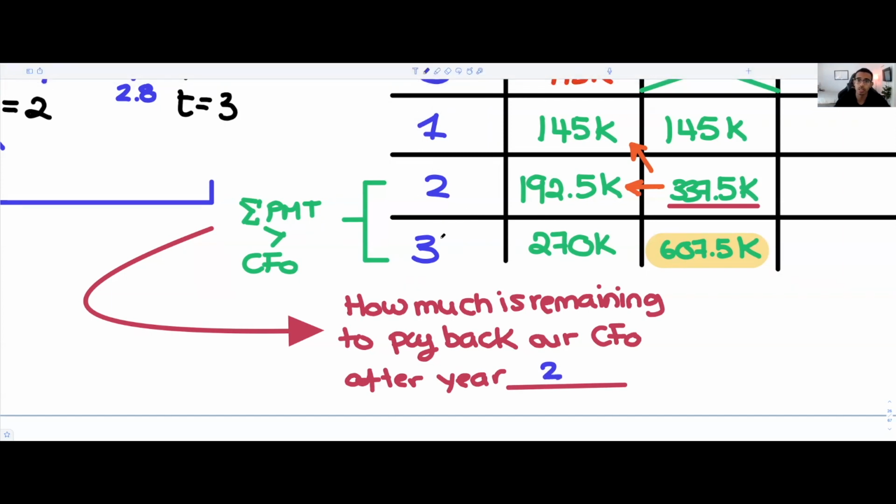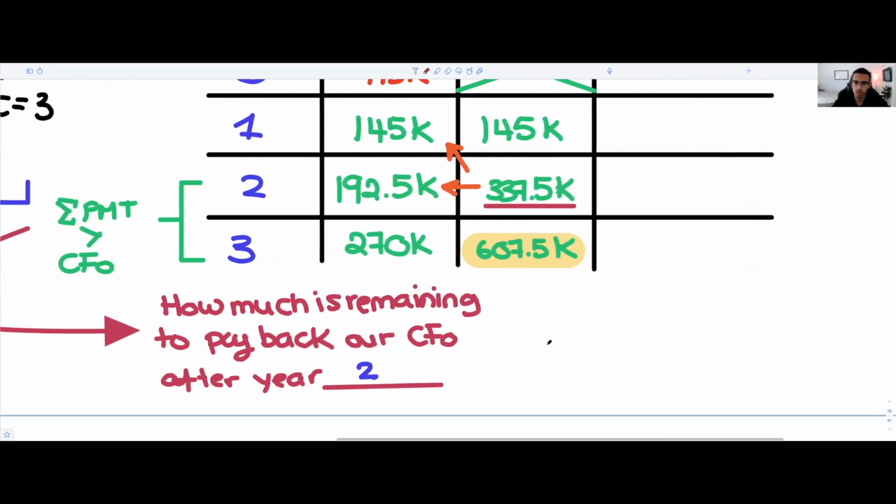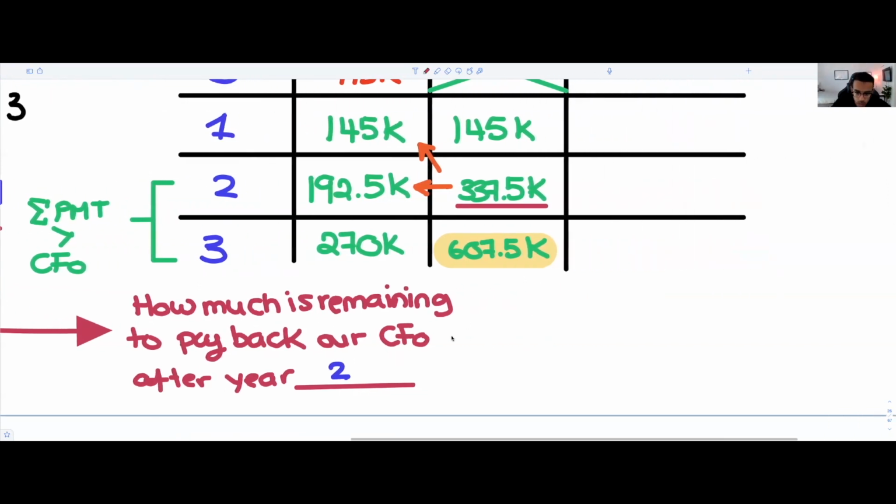So the trick right here, it's not even a trick, just simple math that you're going to apply, is going to be as follows. What you're going to do is CF0 minus the sum of your cash flows, in this case, of your payments, at year 2.